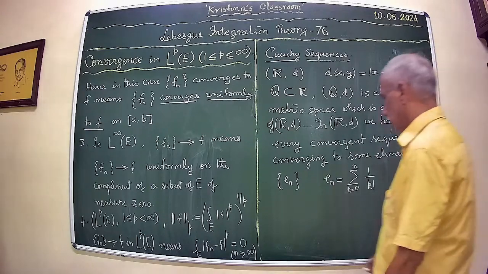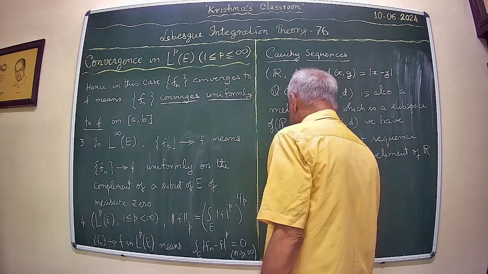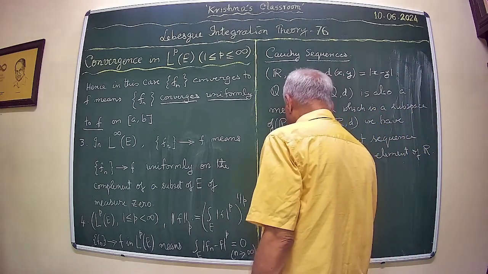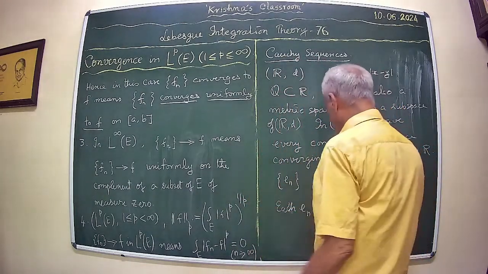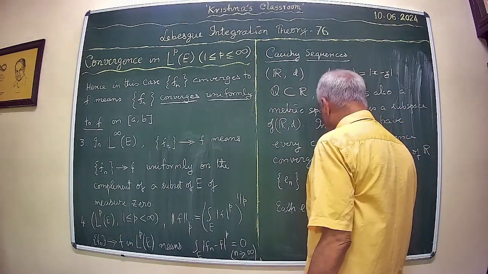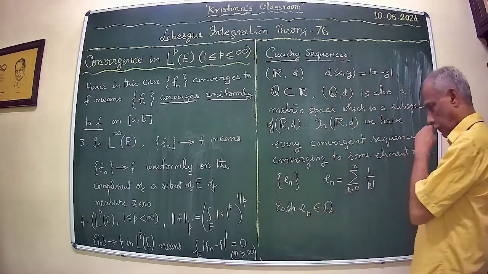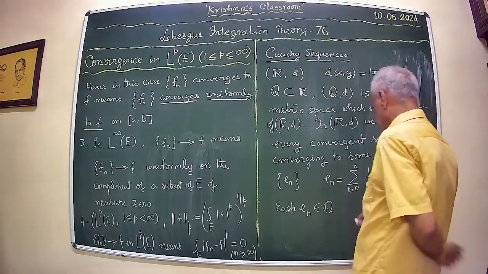Now each e_n belongs to Q. What about the limit of this?